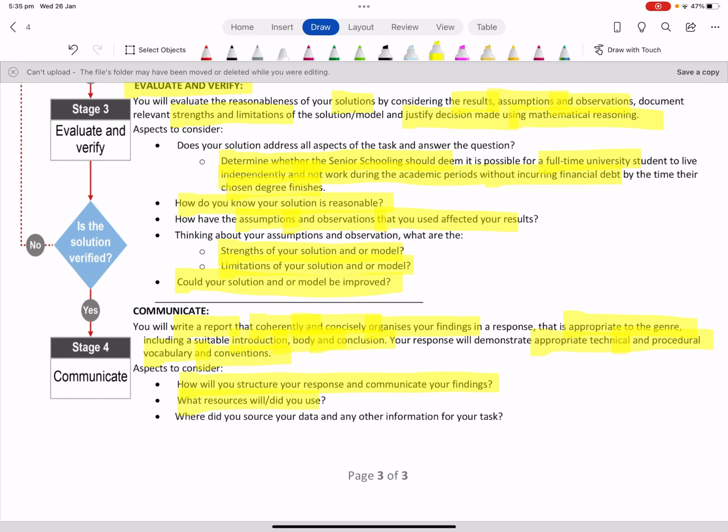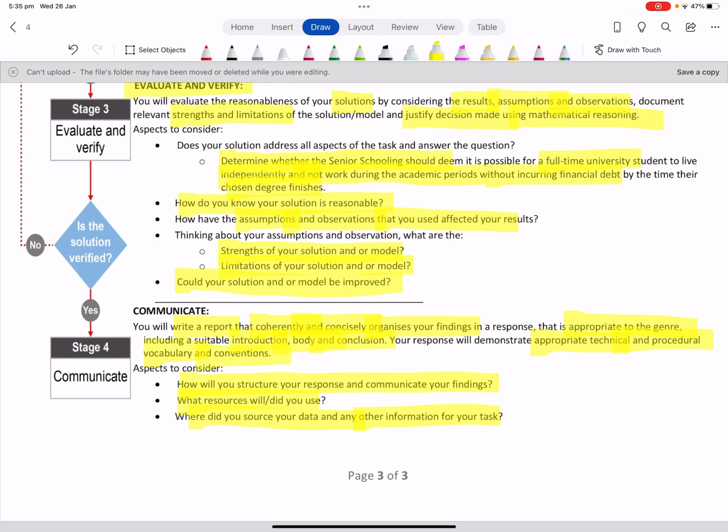So we don't want to see work that is not referenced. So you really need to be referencing your work. If you do find images off the internet or information off the internet, they do need to be put into a reference list, as well as the sources for your data. Again, referencing and providing credit where credit is due for whoever originally wrote it.